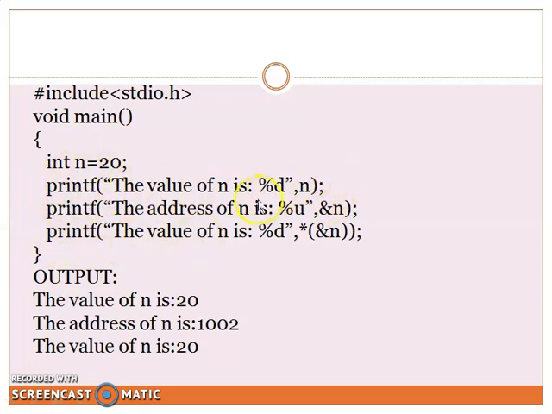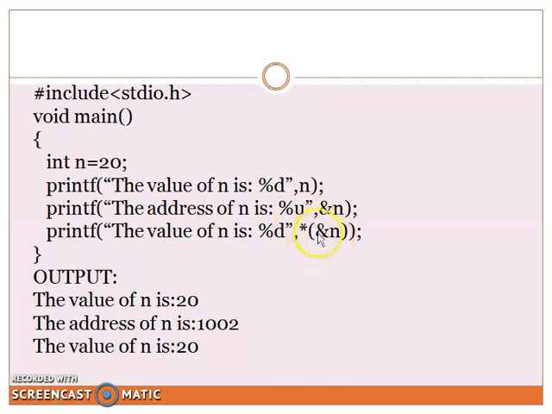How do they vary? So let's see. The first line simply prints the actual value of that variable. The next line gives the address of that variable, the actual memory address of that variable. For that we are using format string u.